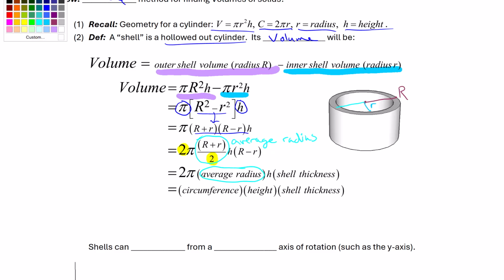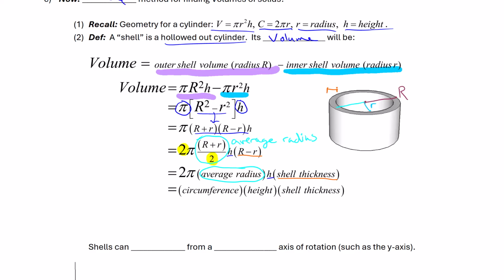And then notice if we keep all the other factors in place, we had an h factor, that's just the height. And then we also have this shell thickness, which is really just capital R minus lowercase r. That's the thickness of that shell. That would, of course, wrap all the way around the shell.